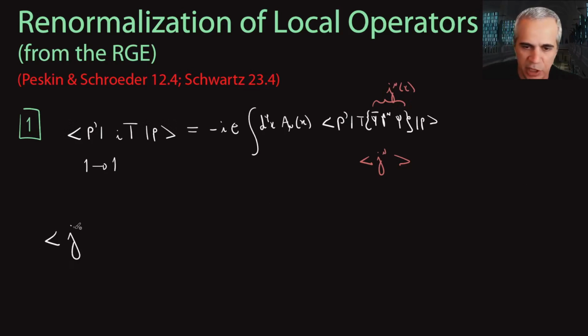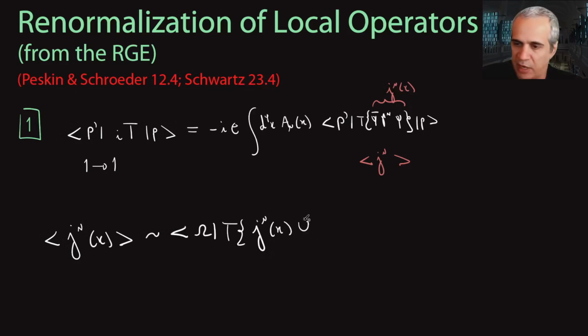I'll take this J mu of x to be just some vacuum expectation value, because I can turn these initial and final states into some operator acting on the vacuum. So I have the time ordered product of J mu of x, psi of x1, psi bar of x2.